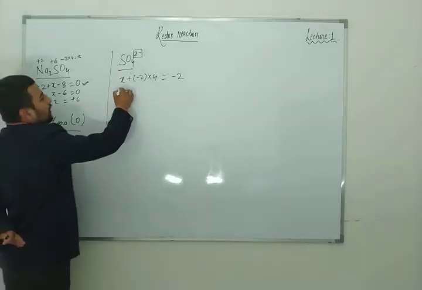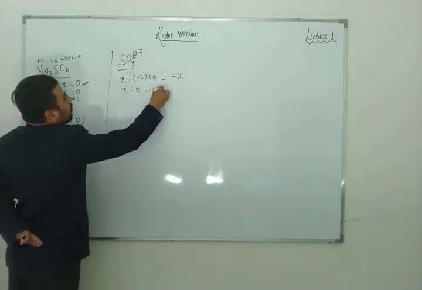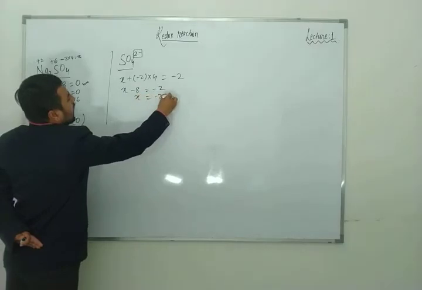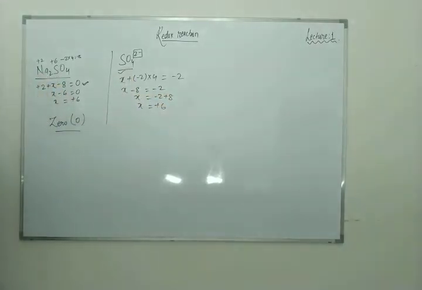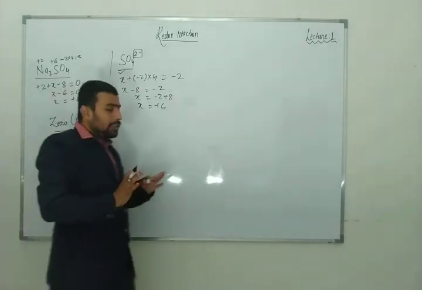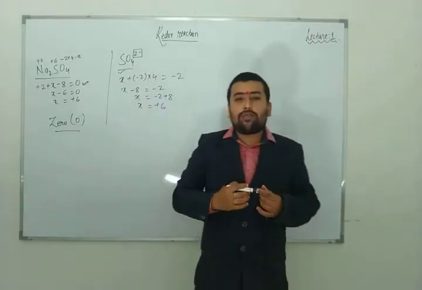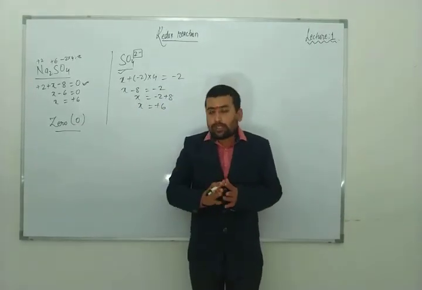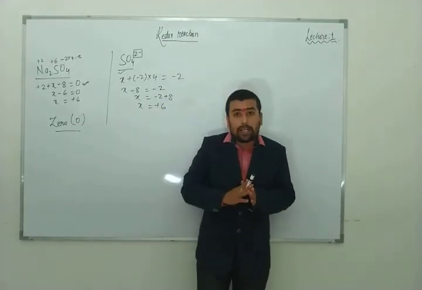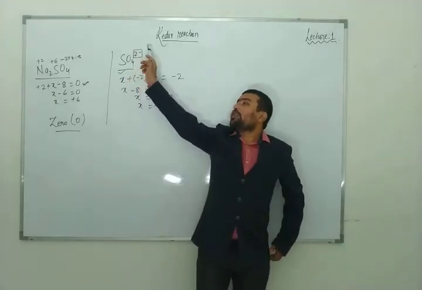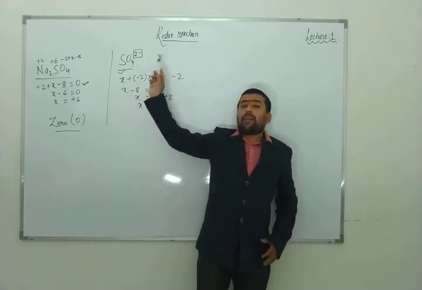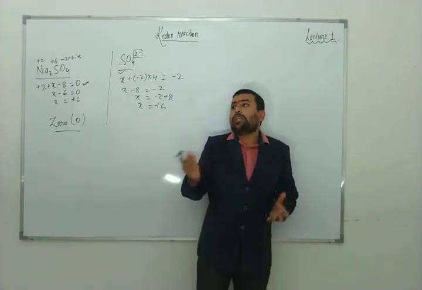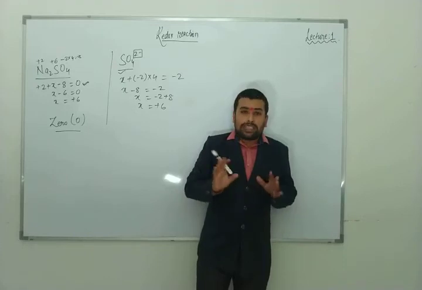So X minus 8 is equal to -2, X is equal to -2 plus 8, X is equal to +6. So here also sulfur exists in the +6 oxidation state. Just remember that if no Stokes notation is there, the sum will be equal to 0, and if the Stokes notation is there, then it will be equal to that number.